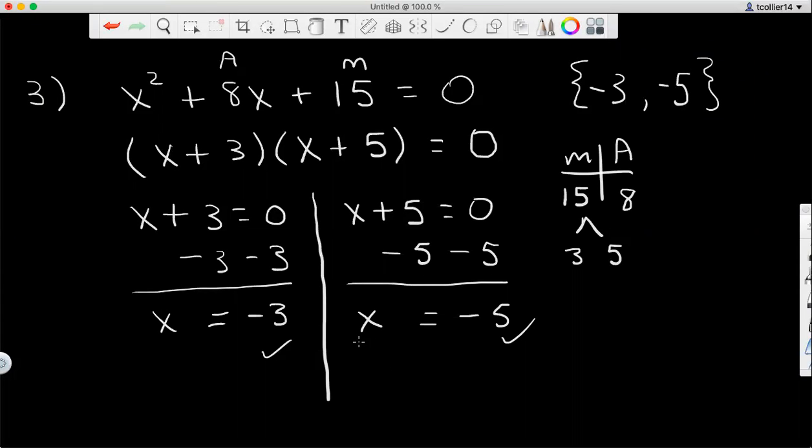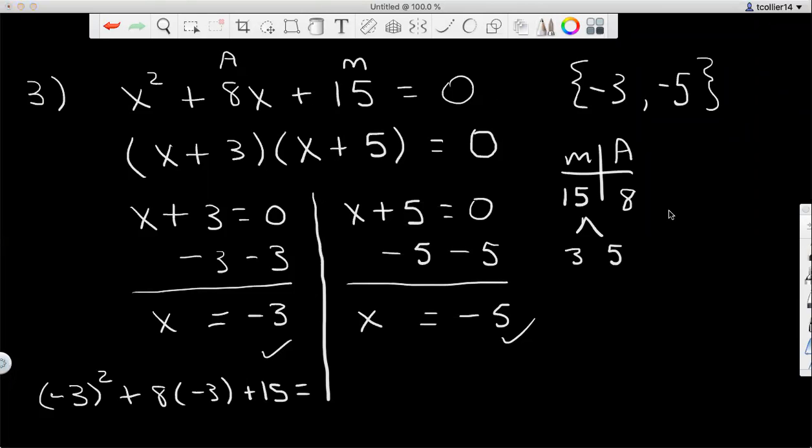Okay, so let's say I wanted to check this. What I could do is I could plug both of these numbers back in for x in my original equation. So plugging it back in, I would have -3 squared plus 8 times -3 plus 15 equals 0.